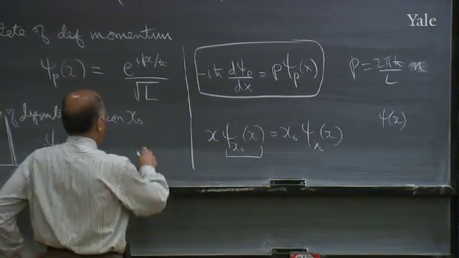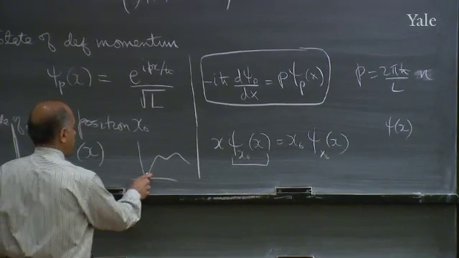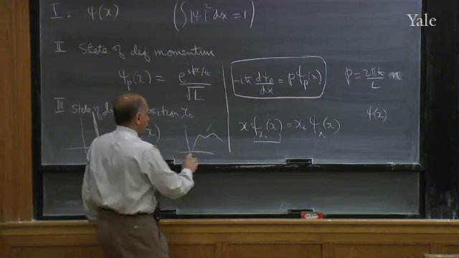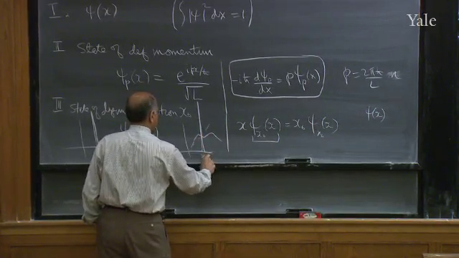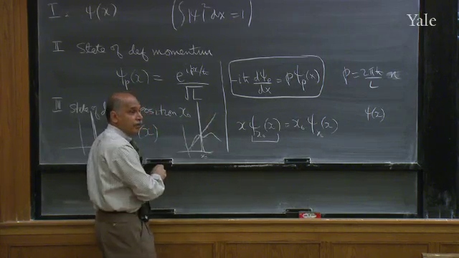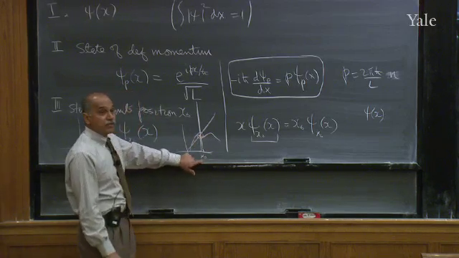Let us see why. If you take a random function and multiply it by x, which looks like this, it'll get taller and taller as you go to the right. But suppose the function in question is a spike at x naught. If you multiply it by x, you're basically multiplying only by x naught because it has a life only at x naught.